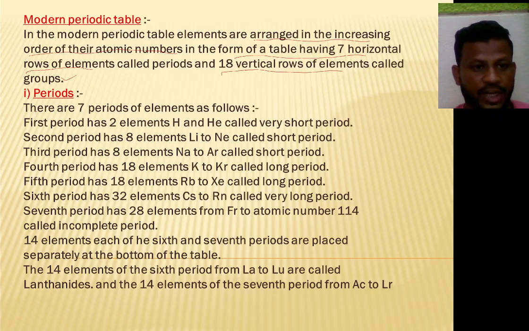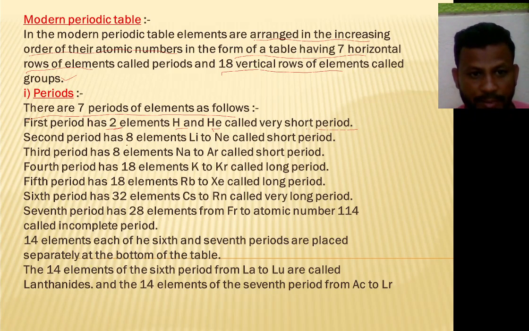See here carefully. There are 7 periods of elements as follows. The first has two elements, H and He, hydrogen and helium, a very short period.